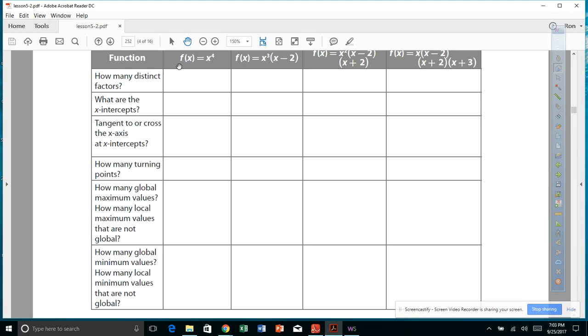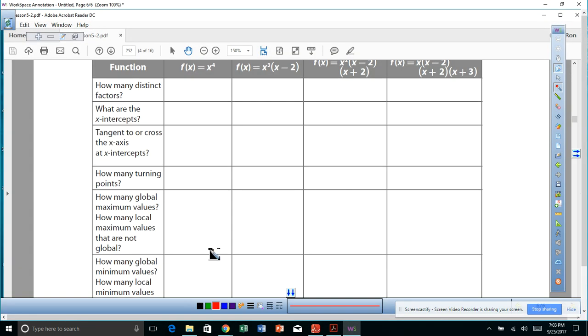How many distinct factors does it have? It has one, and that's x to the fourth equals 0. How many x-intercepts are there? 0. Tangent to or cross the x-axis at the x-intercept? It's tangent at x equals 0. How many turning points? 1.